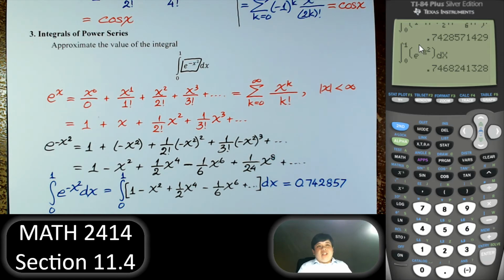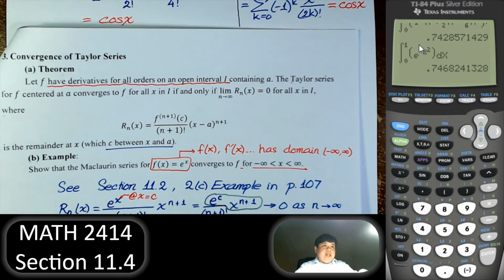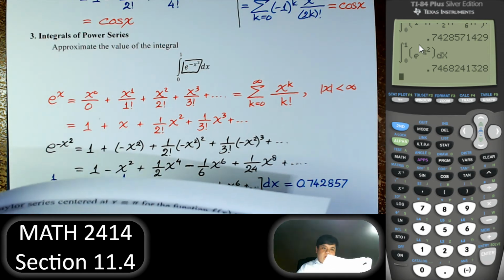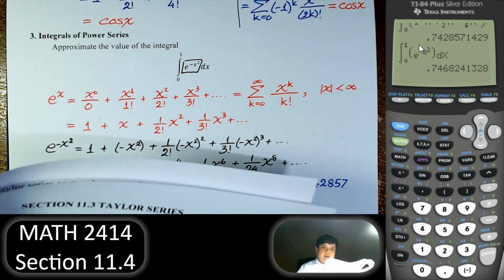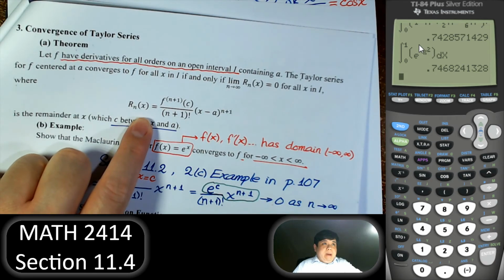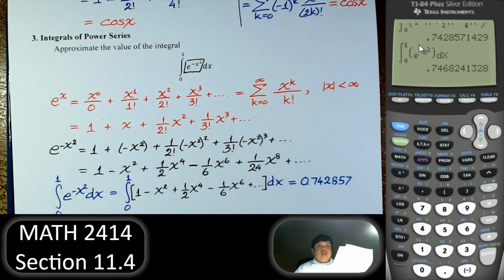It's not bad. But actually in the Taylor series, on page 115, that is the remainder. We actually can find the maximum error of this, but in this case we just do the approximation.